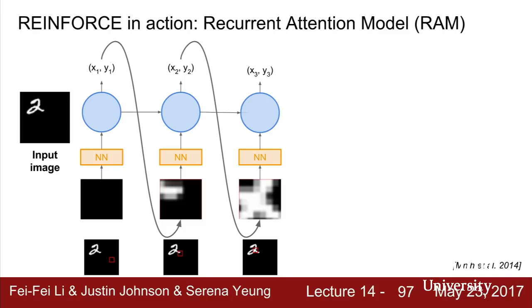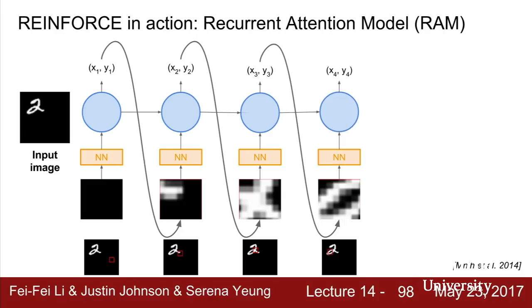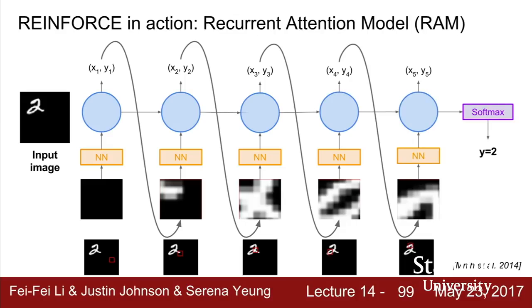So we can continue doing this. You can see in this next glimpse here, we've moved a little bit more towards the center of the 2. Right, so it's probably learning that once I've seen this tail part of the 2 that looks like this, maybe moving in this upper left-hand direction will get you more towards the center, which will also have valuable information. And then we can keep doing this.